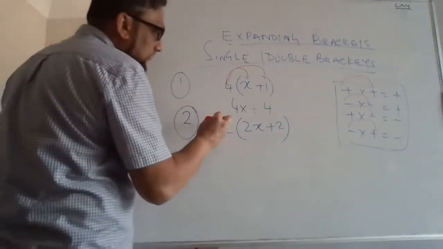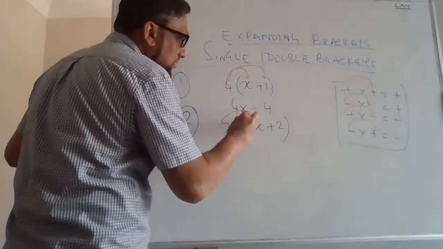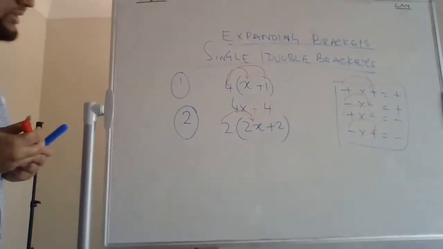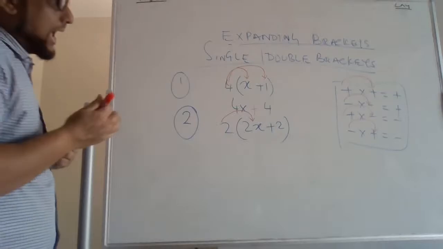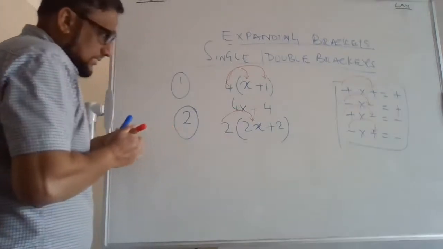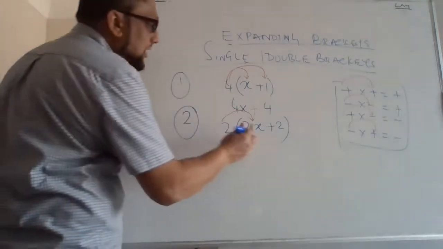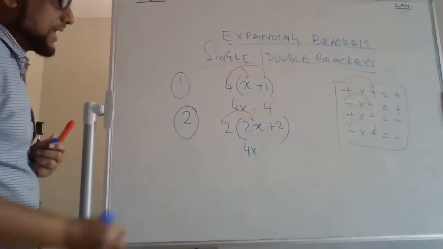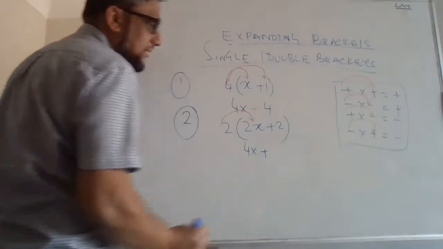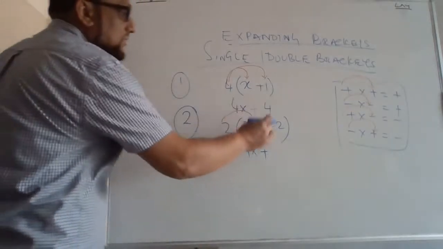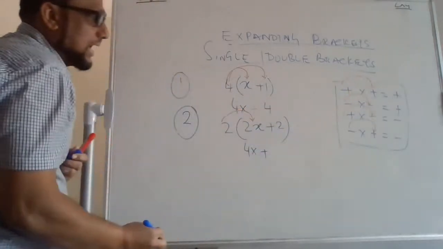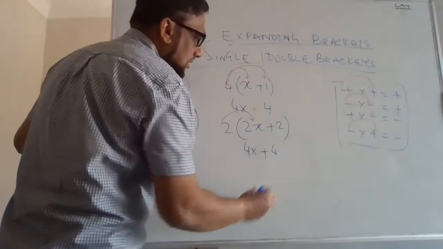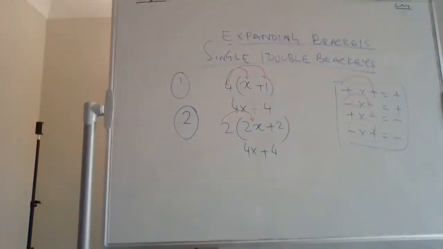First we times by this number: 2 times 2 is 4, so 4x, plus, because plus times plus is plus, and 2 times 2 is 4. So this is our second example.